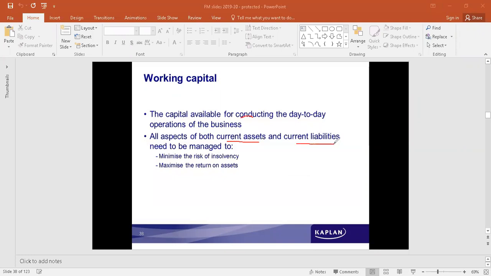Is the meaning of working capital clear? Is the meaning of it clear? Please respond. How many? Only two are there. Kavish and Rehan Khan. What happened to the other two?